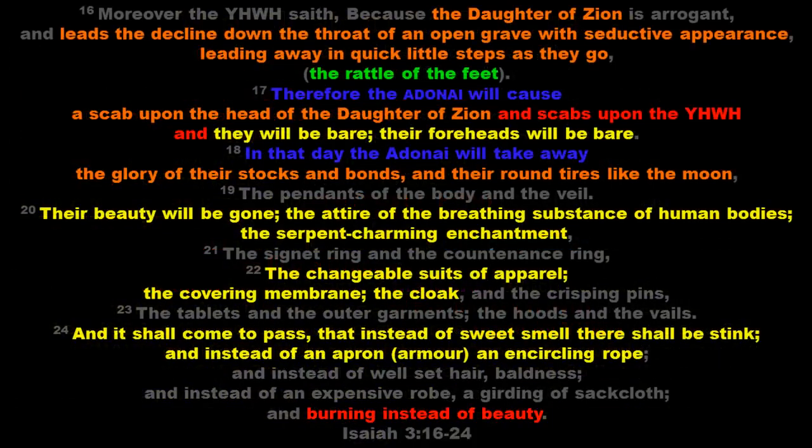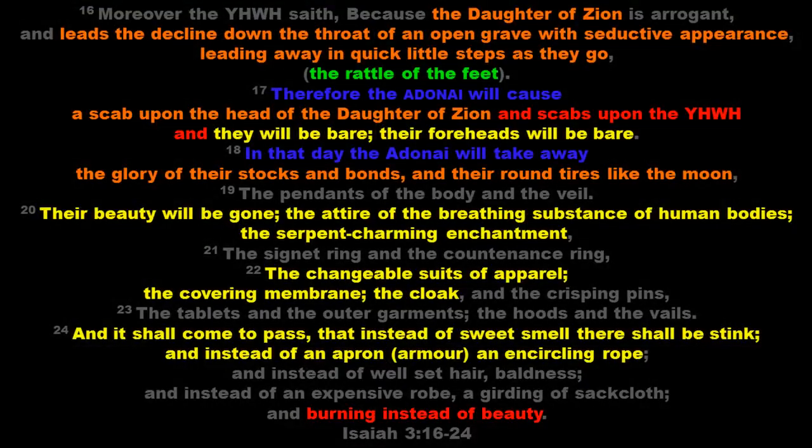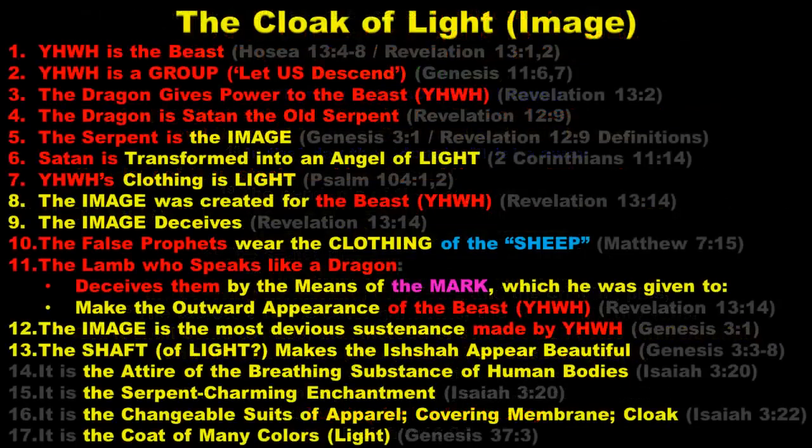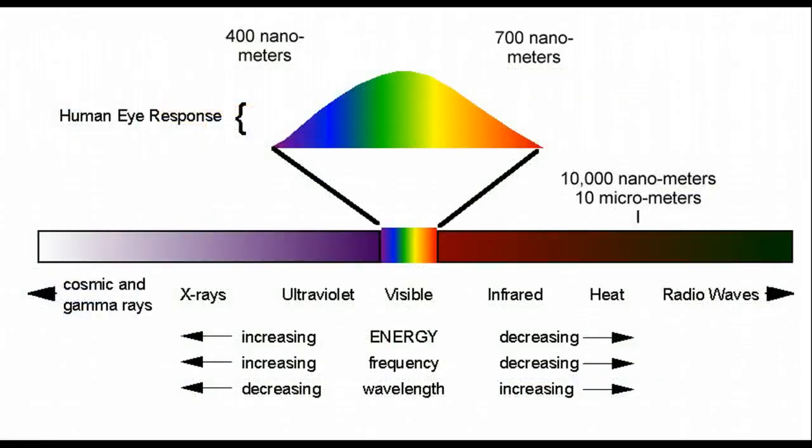And Isaiah verse 21 indicates the countenance ring has some connection to all of this. And the word countenance literally means appearance. So it's saying in verse 21, the appearance ring has some connection to the attire of the breathing substance of human bodies. So we know the texts tell us the image technology is made of light, and light is electromagnetic radiation within a certain portion of the electromagnetic spectrum. Specifically, visible light is the portion of the electromagnetic spectrum that human eyes detect.